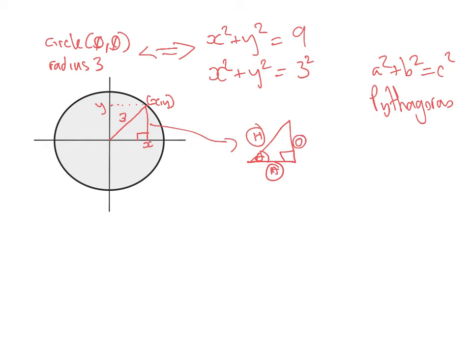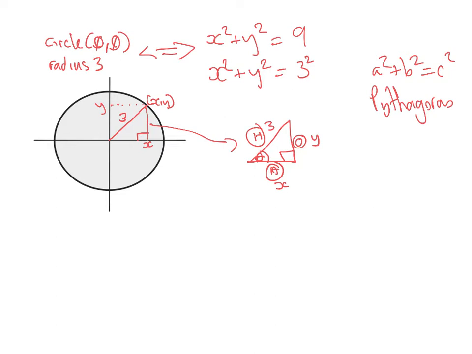Now, in this triangle, our hypotenuse is fixed at 3 because it's a radius, and the radius is always 3. The opposite is the vertical line, but because it starts at 0 at the origin, 0, 0, it is y long, and the adjacent, because it starts at 0, 0 and goes along the x-axis, is x long.